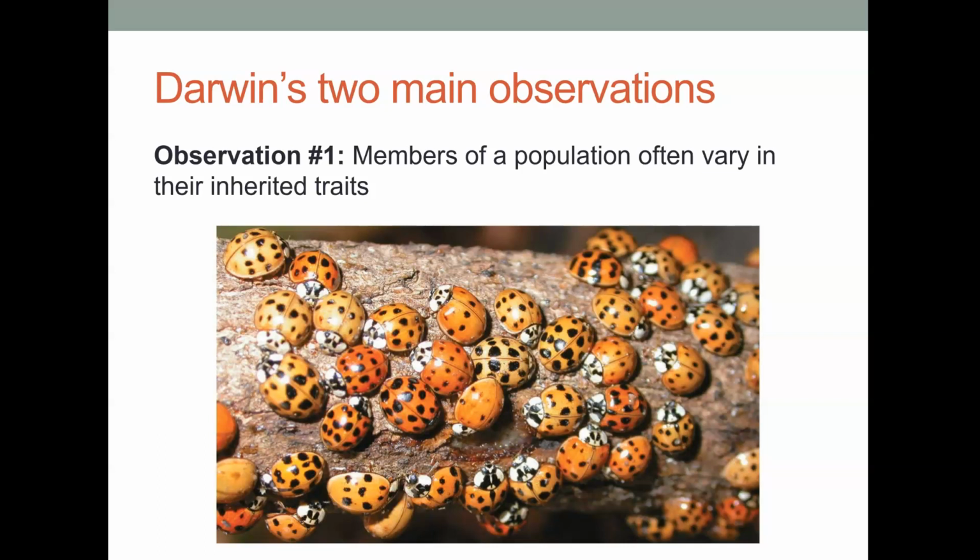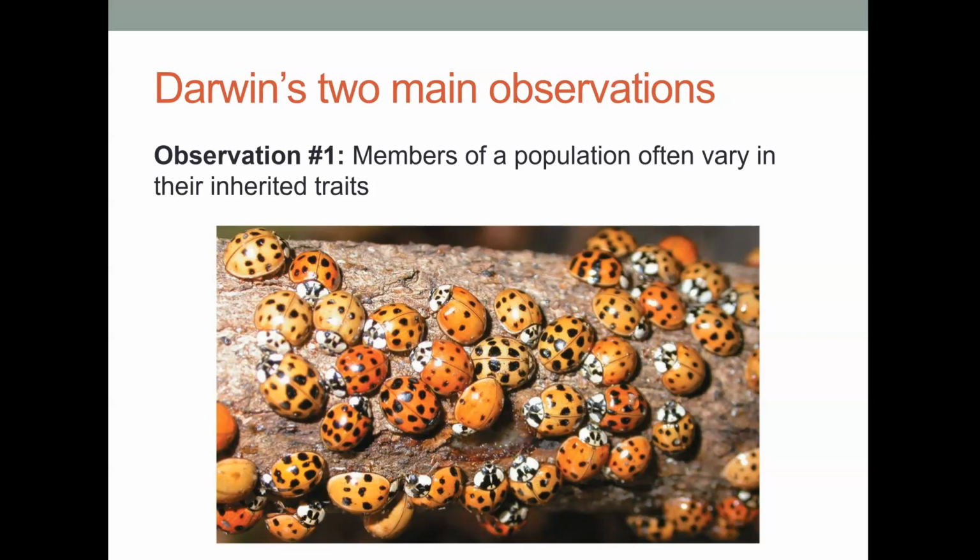He noticed that when he looked at a particular population in any given area, there's variation among that population. And of course, we all understand this, and we can see it demonstrated in this picture. We have a bunch of ladybugs on a branch, and those ladybugs have different traits in terms of the coloration of their shell, how red or orange it is, and then the spots on that shell. Are they big spots? Are they small?